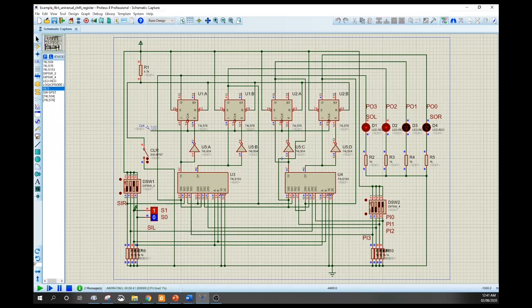So we use the SIL input. We are shifting 1 into our shift register. And if we bring this to 0, we are shifting zeros. So this is our 4-bit universal shift register.